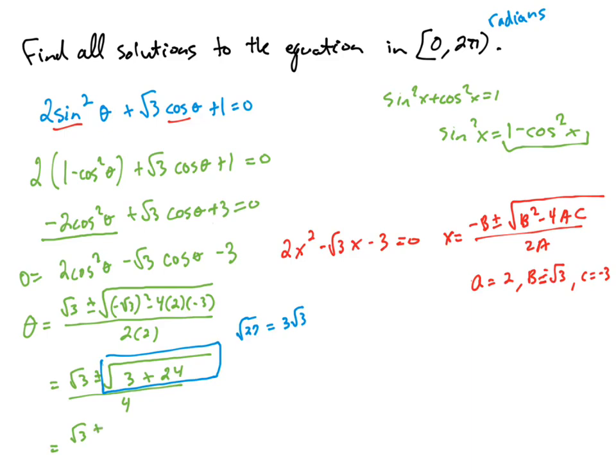So I get 3 plus or minus 3 square root 3 divided by 4.